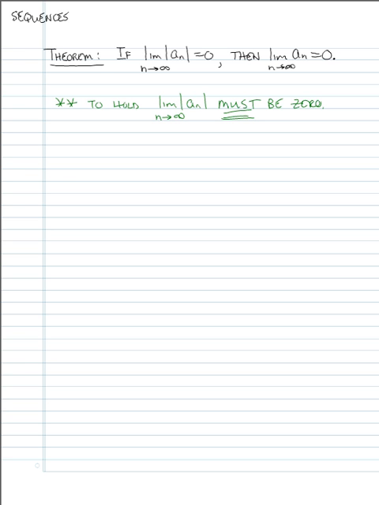So, as an example, if we were given the sequence of a sub n's that looked like -1 to the power n divided by n, because that's what we were given. So that means a sub n is the fraction -1 to the power n divided by n.